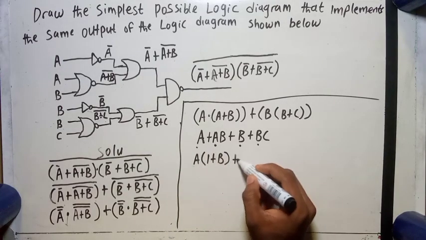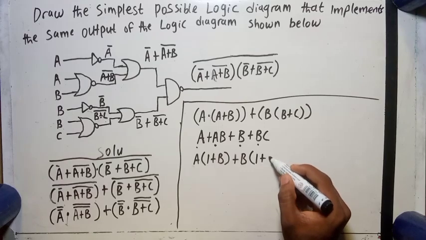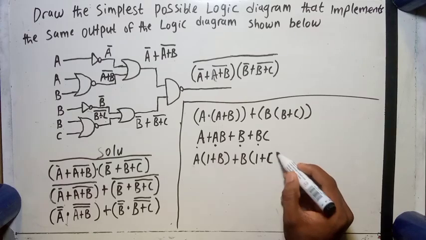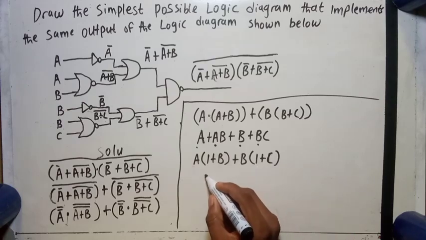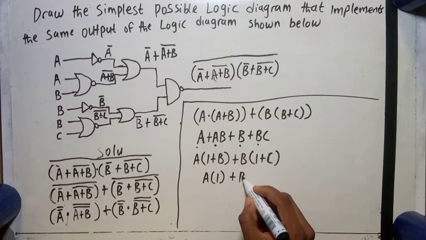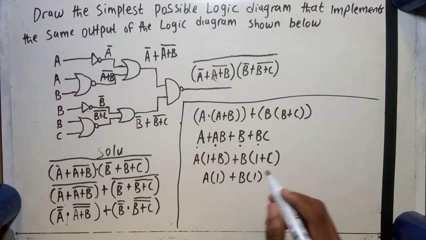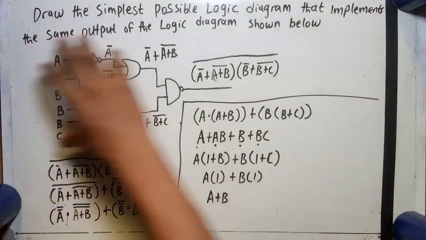Now plus B brackets 1 plus C. Anything that is added to 1 will definitely give us 1. So I'm left with A times 1 plus B times 1. At the end of the day, you're left with A plus B.